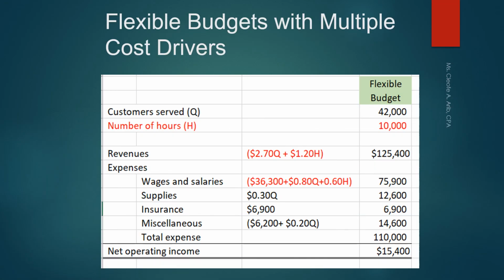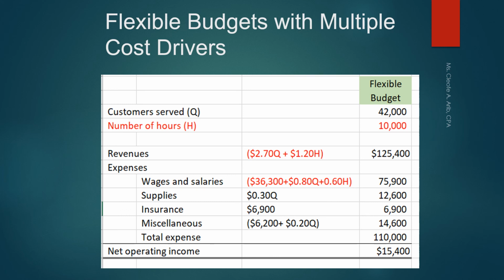So here is the modified flexible budget for Iman, considering the new cost driver of number of hours. So your revenue this time will be 125,400. The breakdown of that is 42,000 times the 2.70 revenue rate for the number of customers served, plus the 10,000 actual hours, multiplied by your budgeted 1.20 per hour.